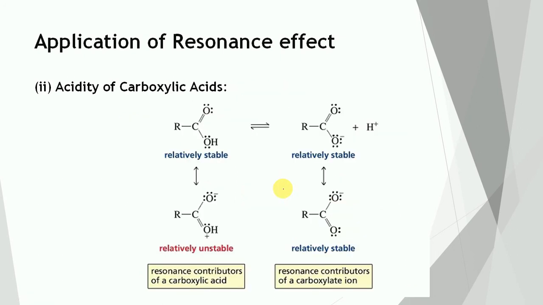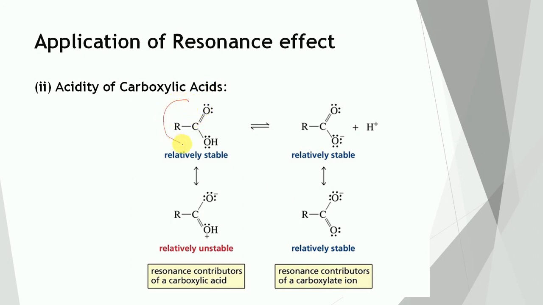Acidity of carboxylic acid. The acidic nature of carboxylic acid is due to its ionization in aqueous solution to form the carboxylate ion and hydronium ion. The carboxylate ion is stabilized by resonance due to minus R effect of the CO group. This makes the formation of the ion easy, and this is responsible for the acidic character of the carboxylic acid.